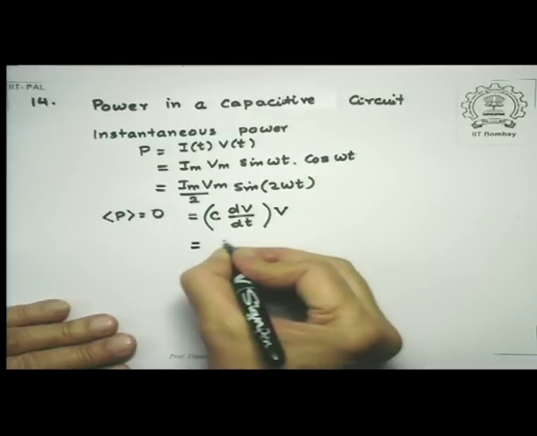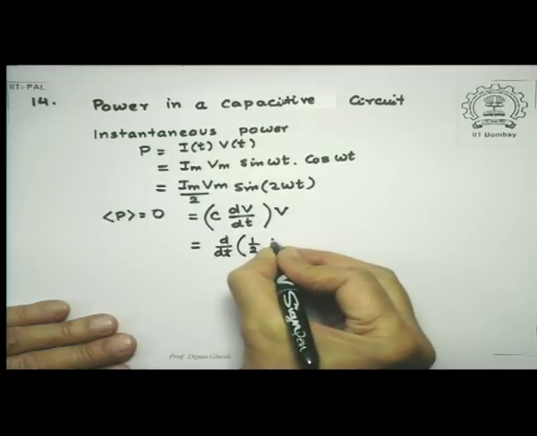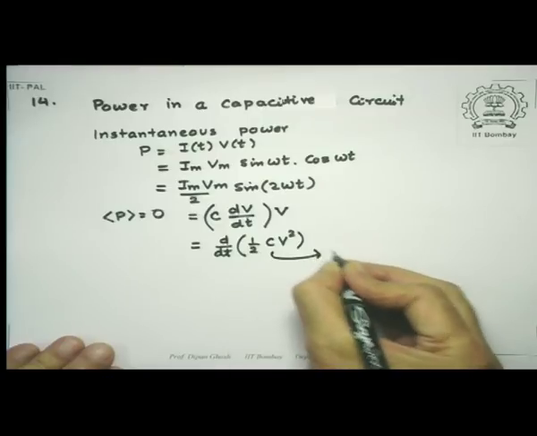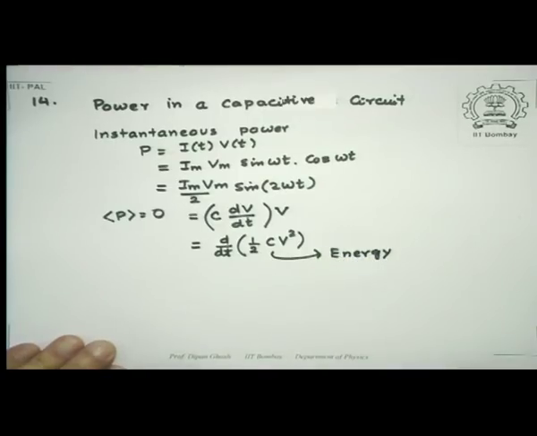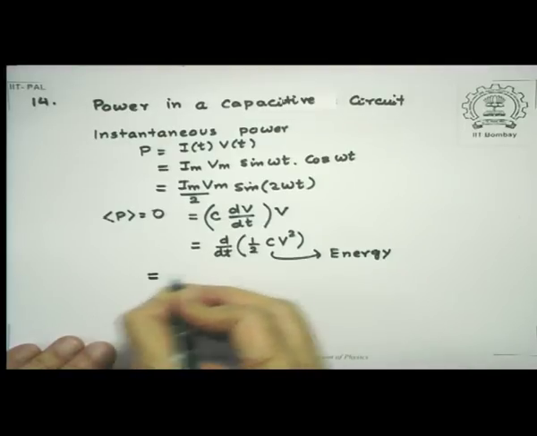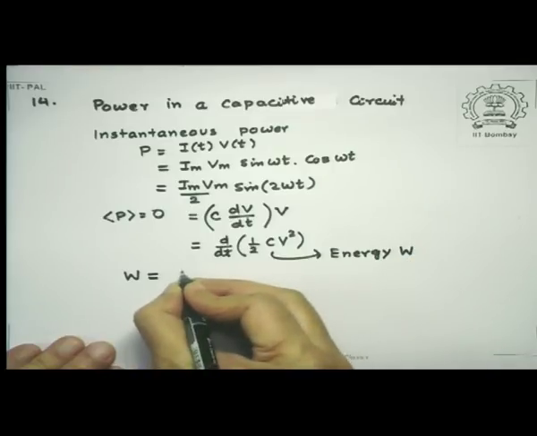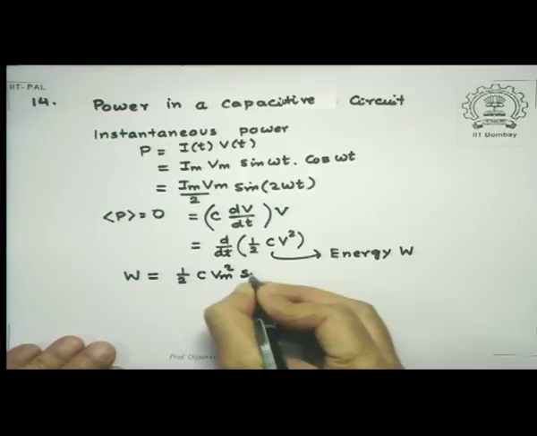So this can be rewritten as d by dt of half CV square. And this is the amount of energy, which is of course positive, and that is, let's call it W. The W is given by half C Vm square sine square omega t.